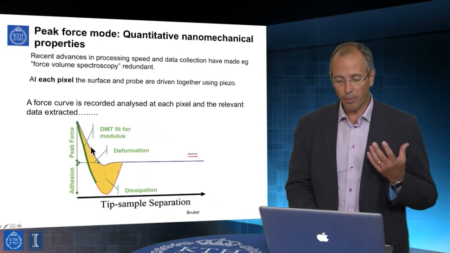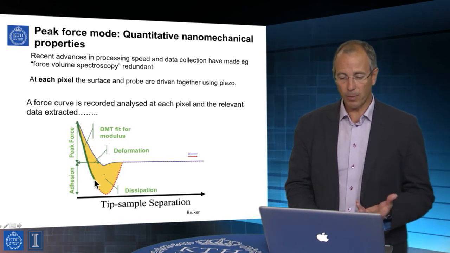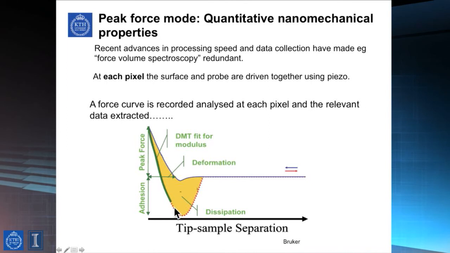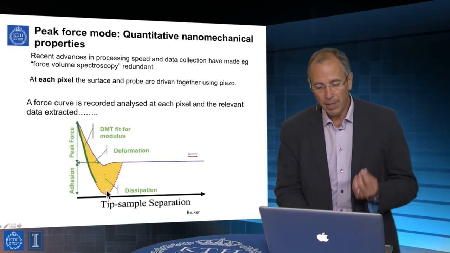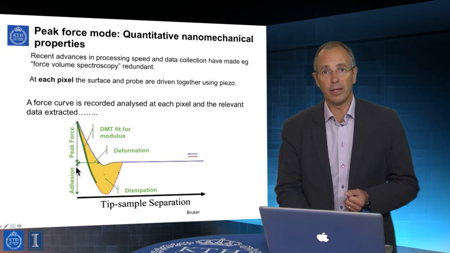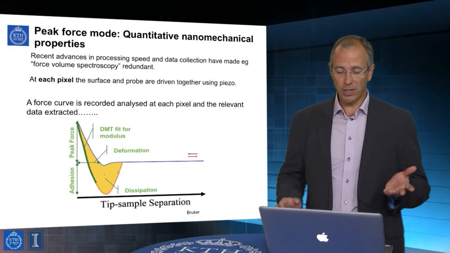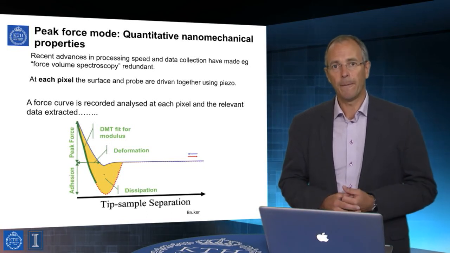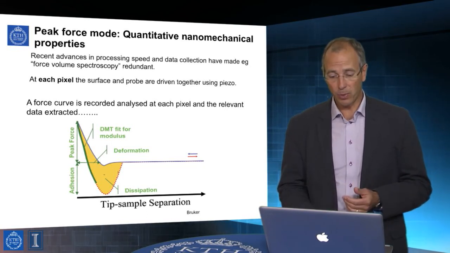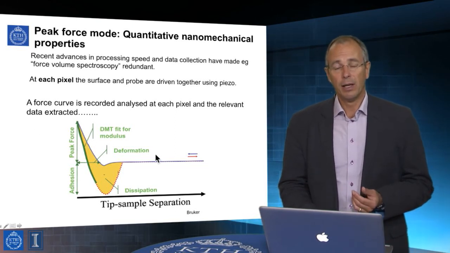And in this region we're compressing the surface, we turn around, we come out, the adhesion means that we don't follow the same path, and we get to some sort of point where we eventually snap out of contact. So the minimum that we achieve on our way out is a measure of the adhesion. The adhesive energy we should probably strictly define as the area between the outer curve and the baseline.